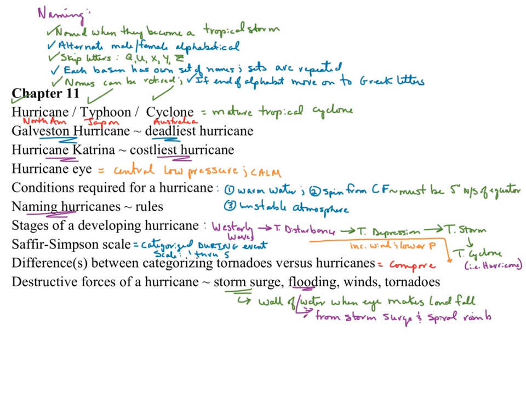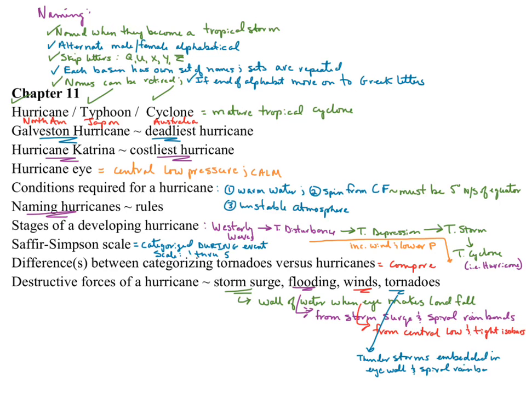Winds are associated with the tight isobars around that central low pressure, that steep pressure gradient. Tornadoes come from the thunderstorms that are embedded in both the spiral arms and the eye wall. So all sorts of things to get you in a hurricane.